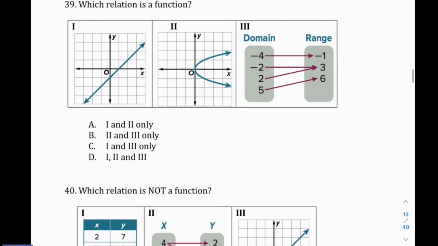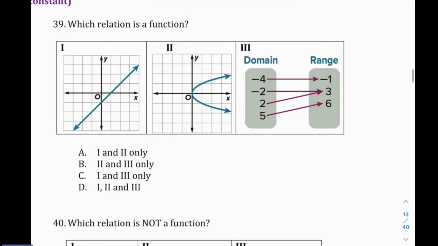Let's start with question 39. Which relation is a function? So to know the function, what is the function? A function is a relation in which each element in the domain is paired with one and only one element in the range.